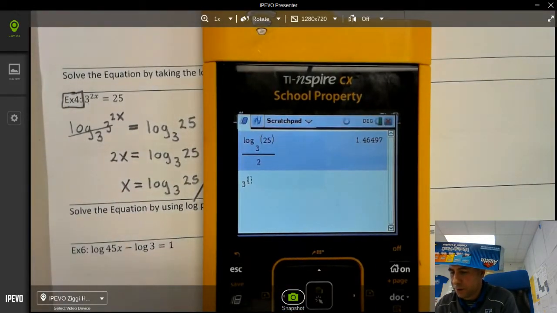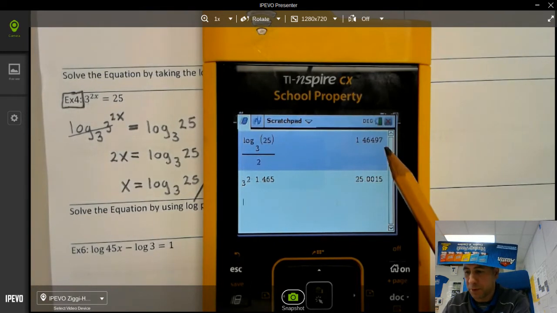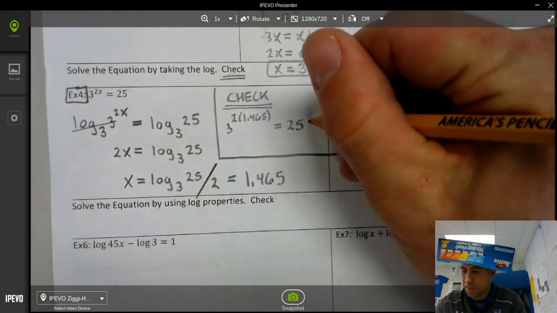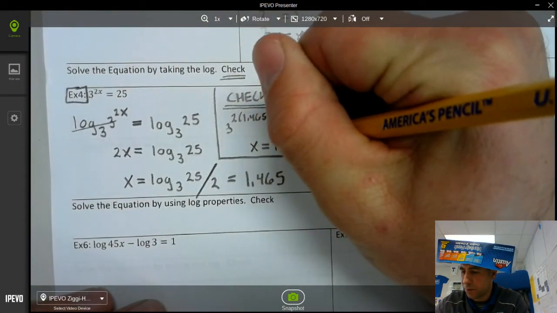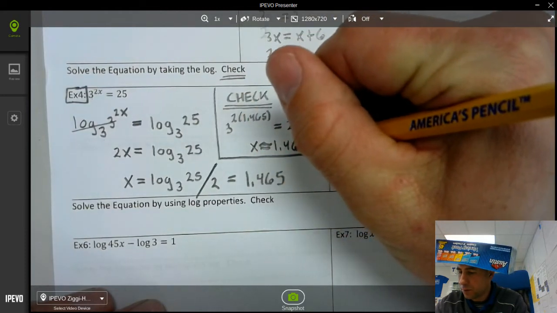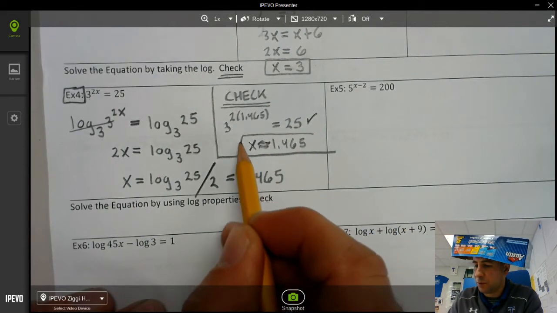So 3 raised to the 2 times 1.465, and you get 25.0015, which we're okay with because remember we rounded. Okay, so this checks. And so we can say that x is approximately 1.465. Those squiggly equal signs mean approximately, since we rounded.